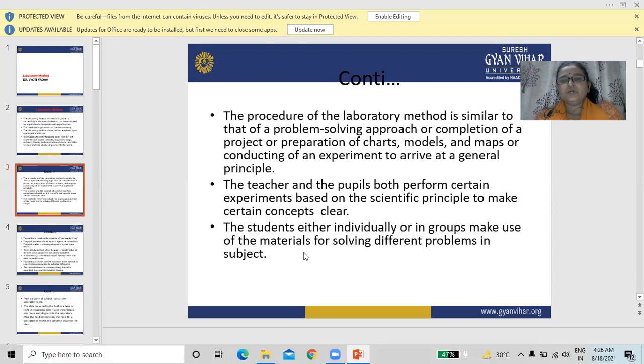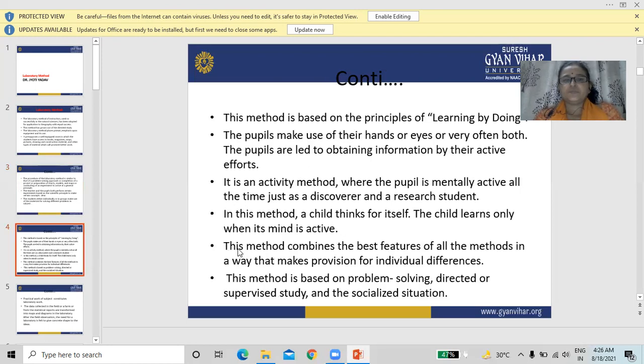The students, either individually or in a group, make use of the materials for solving different problems in the subject. This method is based on the principle of learning by doing.